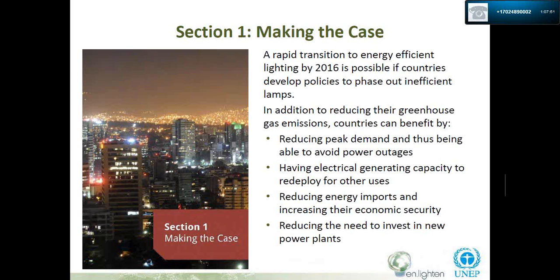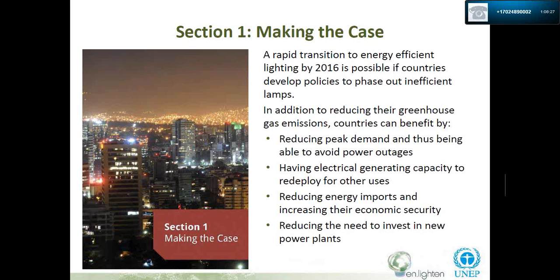There are other advantages in addition to reducing greenhouse gases, and some of these are especially important to the developing countries that we've been working with so far. Many have peak demand problems. If you can reduce the lighting load at the peak hours of demand, you can help to avoid power outages. Also, having extra electrical generating capacity is something that you can take advantage of by redeploying it for other uses.